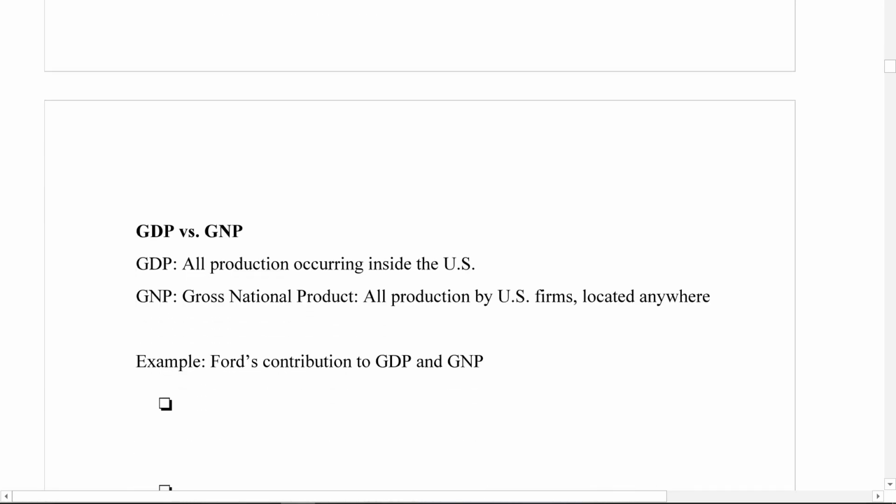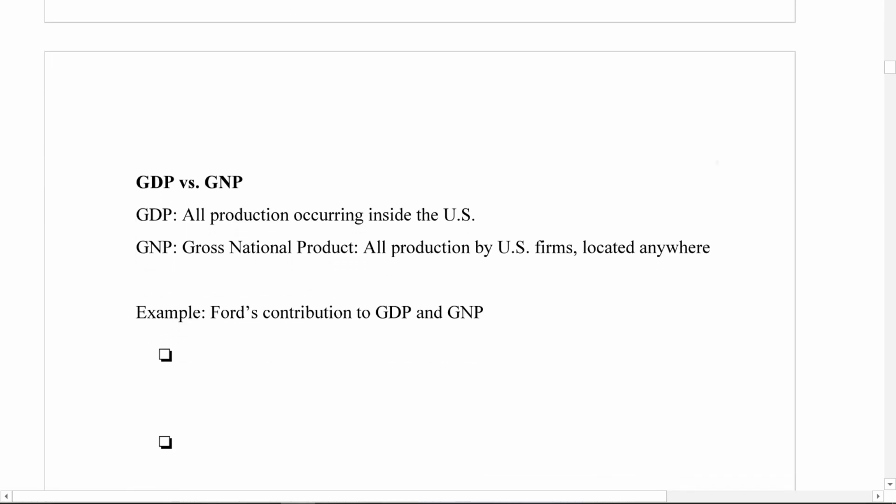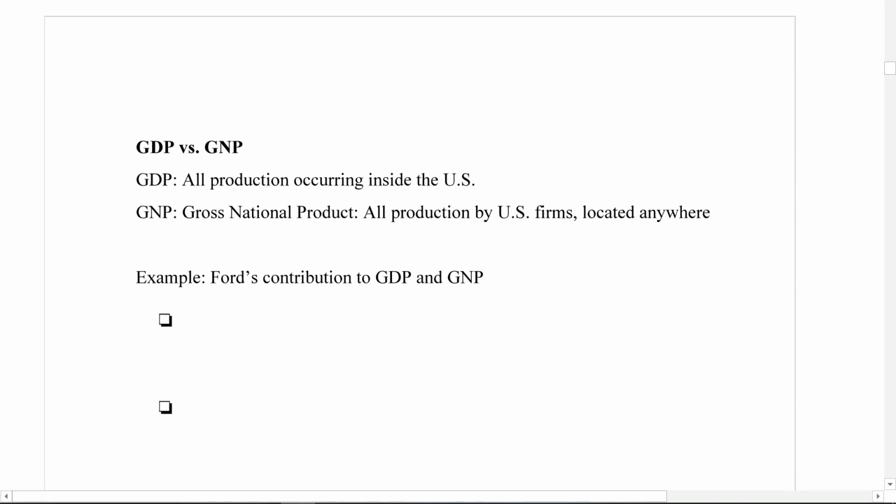Okay, so that was our definition of GDP. We'll do one quick bit on gross domestic product versus gross national product. And after we do that, we're going to talk about the components of GDP. Okay, so GDP versus GNP.